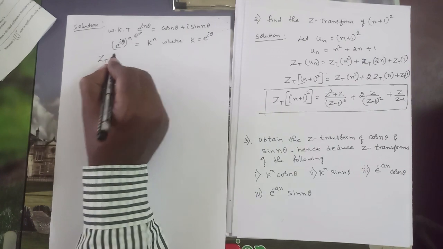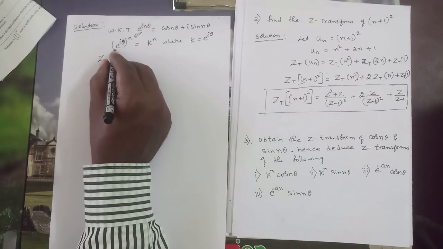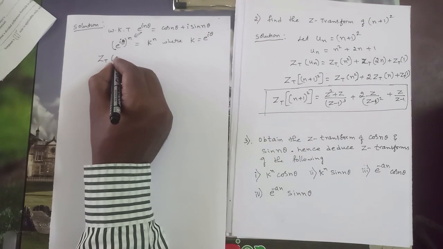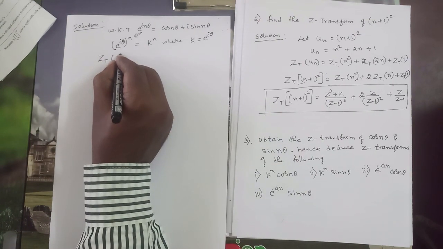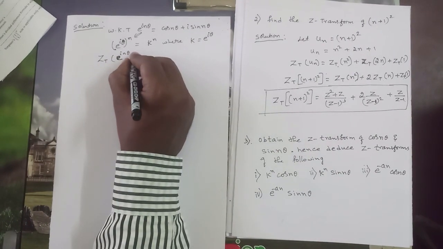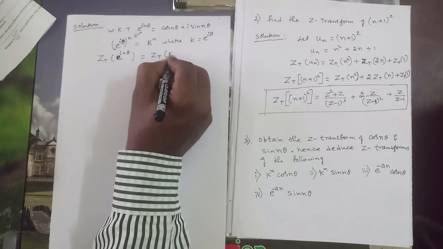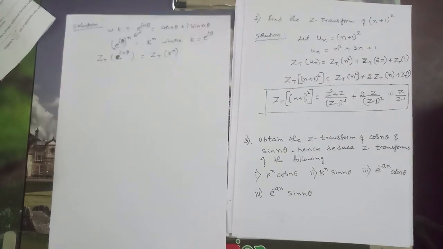So z transform of e to the power of i n theta equals, what do you have? Z transform of k to the power of n.